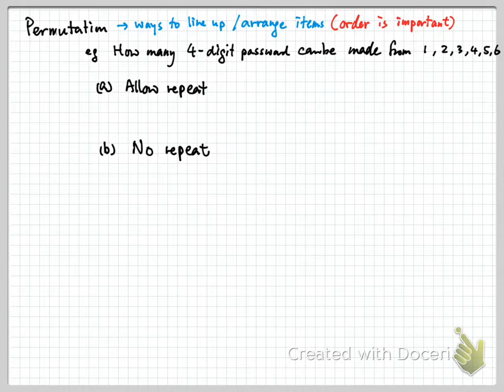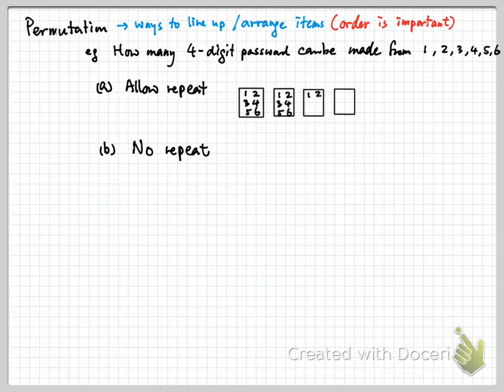So there are different calculations if you allow repeat or you do not allow repeat. If you allow repeat, it's actually easier, because every digit is independent from the others. I can assume there are 4 boxes. In each box, you can choose between 1, 2, 3, 4, 5, and 6, so in every box there are 6 choices.